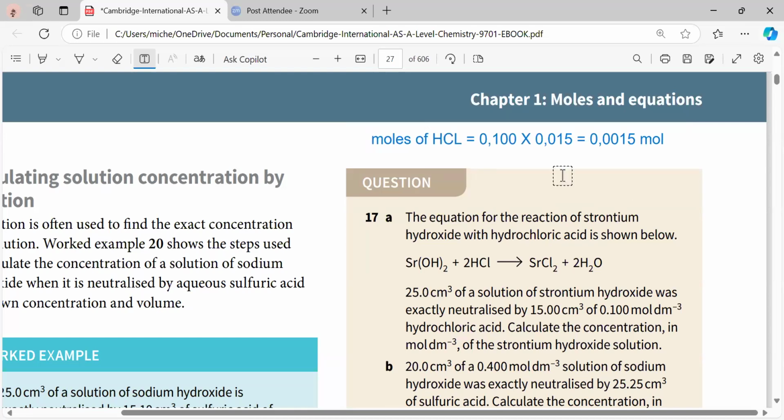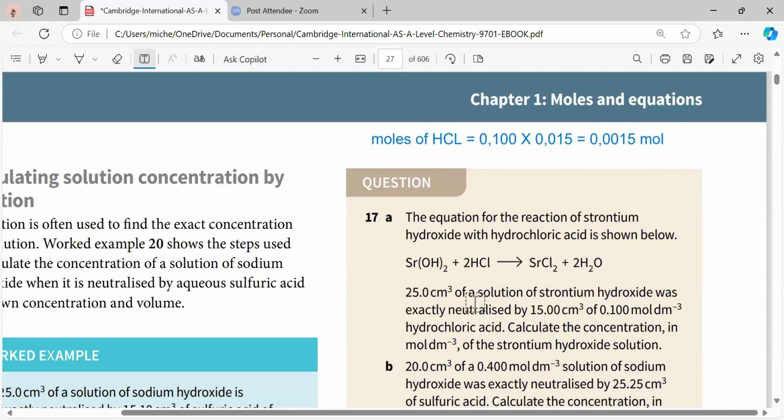The next step is to find the moles of the strontium hydroxide. Usually it can be the same, but in this case it's different, because if we pay attention to this equation, we can see the number 2 in front of the hydrochloric acid, HCl. When it has the number 2, it means this has 2 moles, so this is 2 moles, 0.0015.